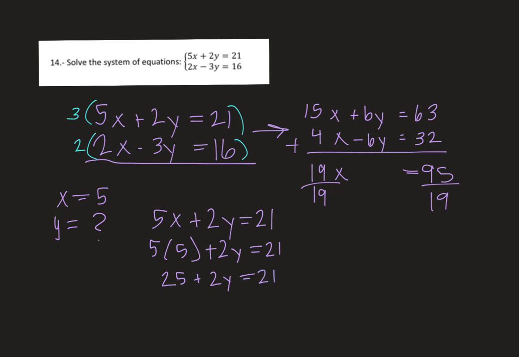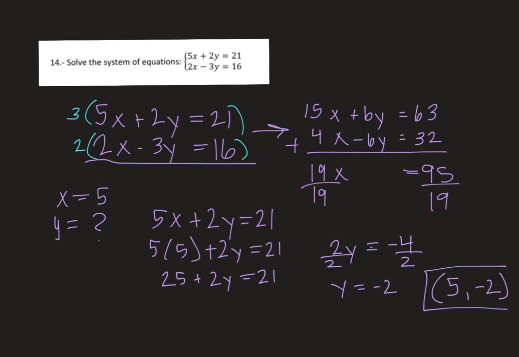I'm going to subtract the 25 over. So that's 21 minus 25 is negative 4. And divide both sides by 2, we get y equals negative 2. So that means the solution to this system of equations is the point when x is 5 and y is negative 2. And that is it. That's all you need to do to solve a system of equations.